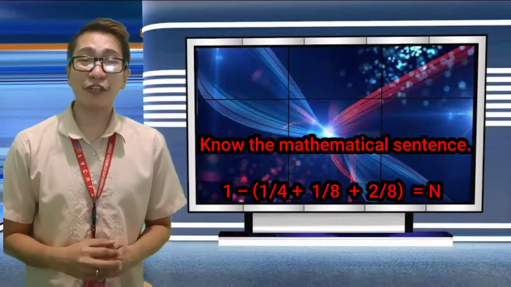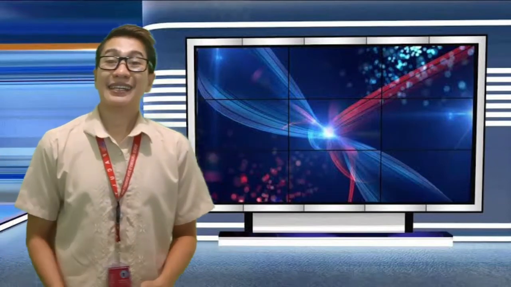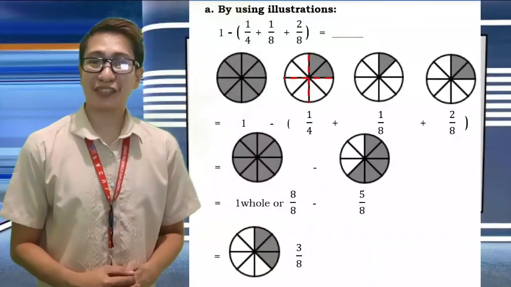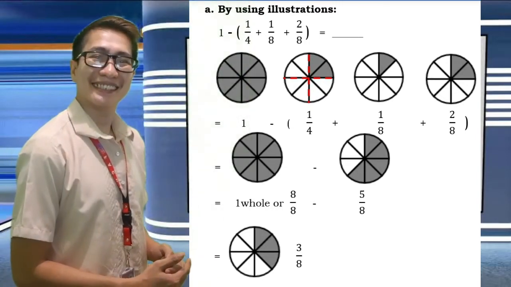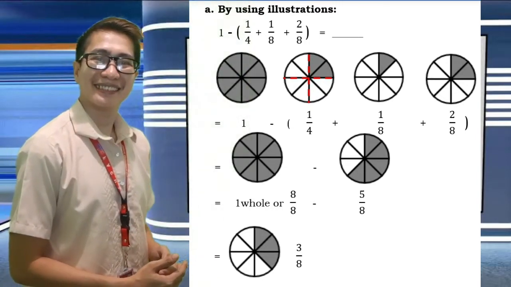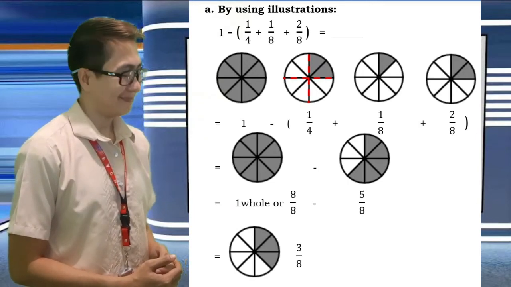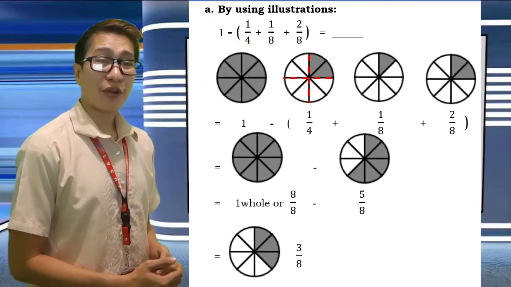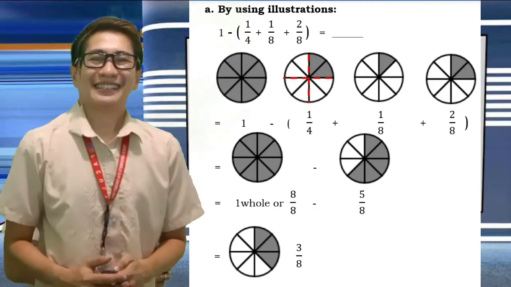You can use any convenient way in solving the problem. Now, carry out the plan by using illustrations. Study the table. Therefore, there were 3/8 parts of pineapple pie left to Althea.